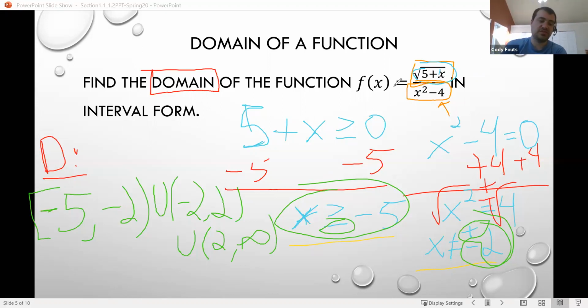So this answer should have been bracket, -5, comma, -2, parenthesis, union, parenthesis, -2, comma, 2, parenthesis, union, parenthesis, 2, comma, infinity. And remember, with infinities, we always use parentheses. So this here, I'm going to box it in black. This would be our answer.